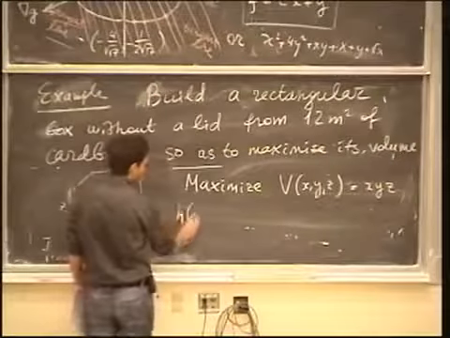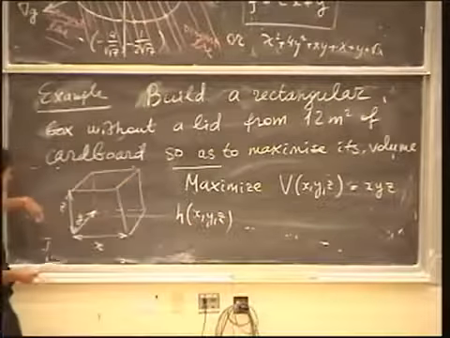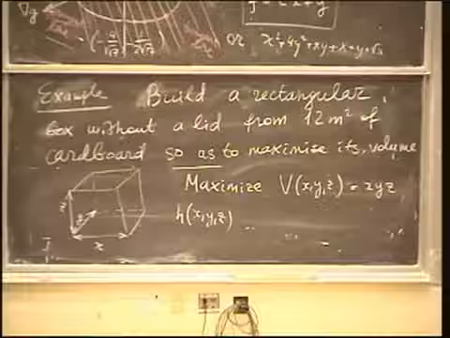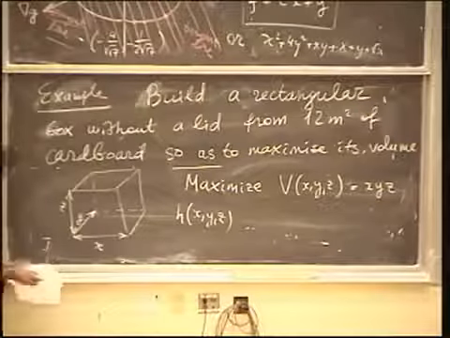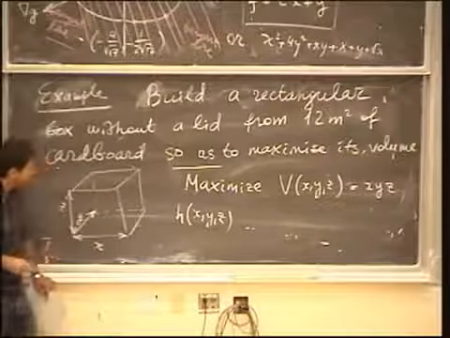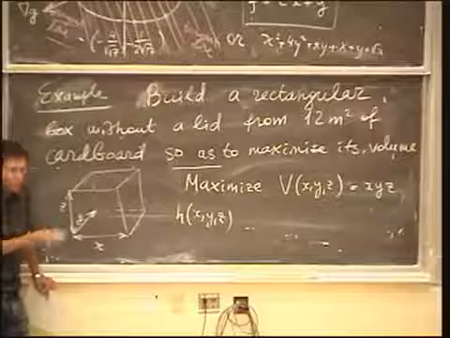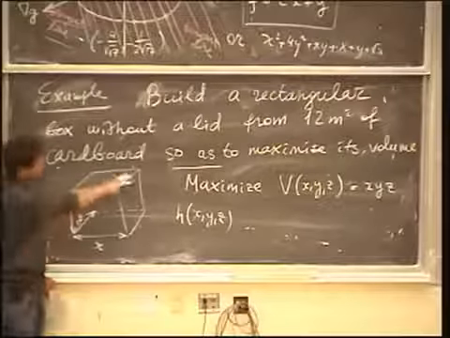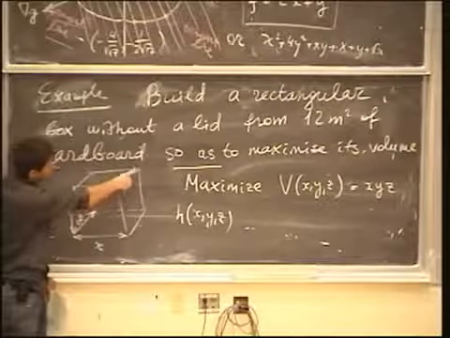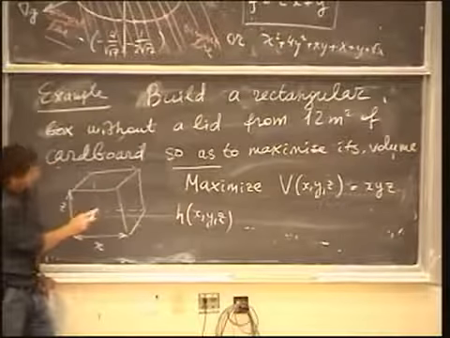We have a function h of x, y, z, which is the amount of cardboard. How much cardboard do we use? Well, this box has 6 sides, and we have cardboard everywhere except at the top.